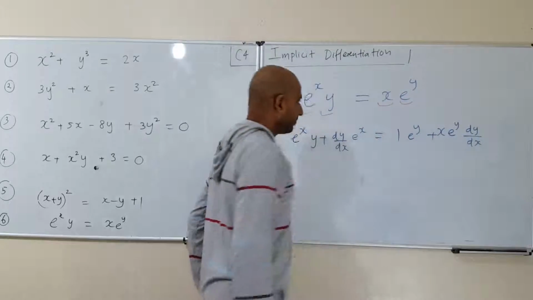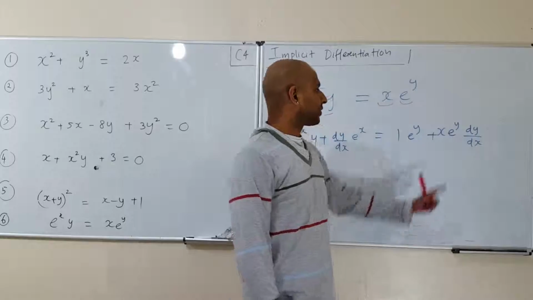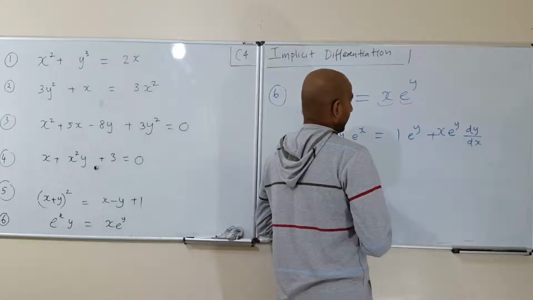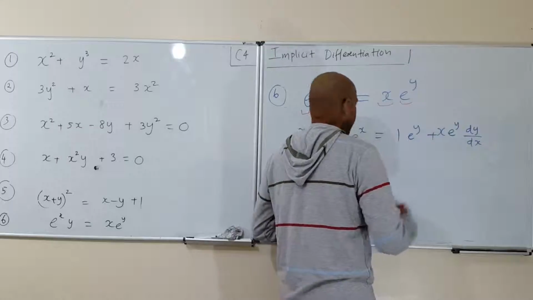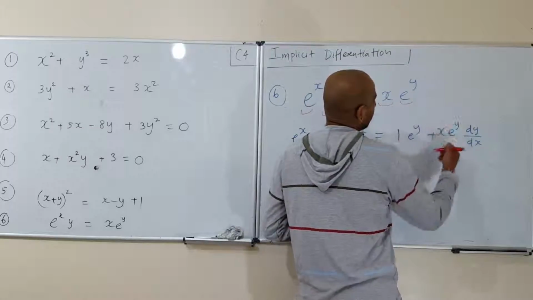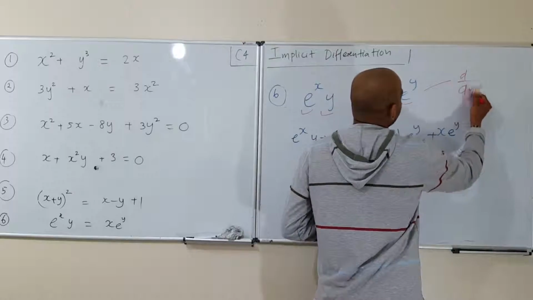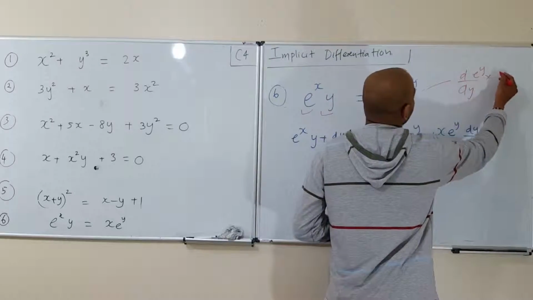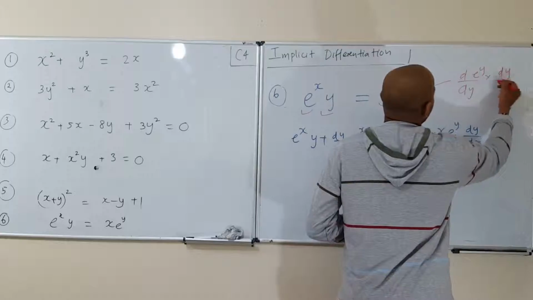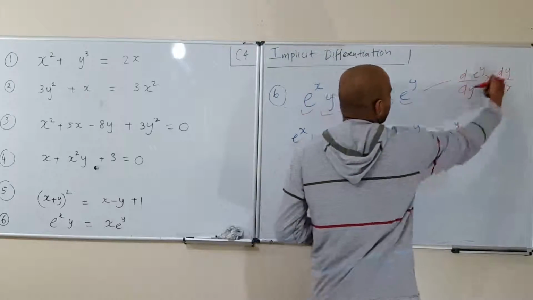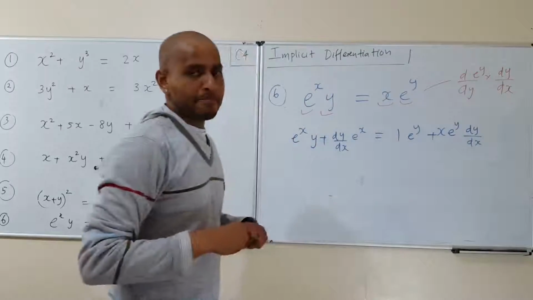Differentiating e^y could be that, or you can say like we did before, differentiating e^y means this. We can write differentiating e^y as d(e^y)/dy times dy/dx, because that is basically equal to e^y, and that's dy/dx.